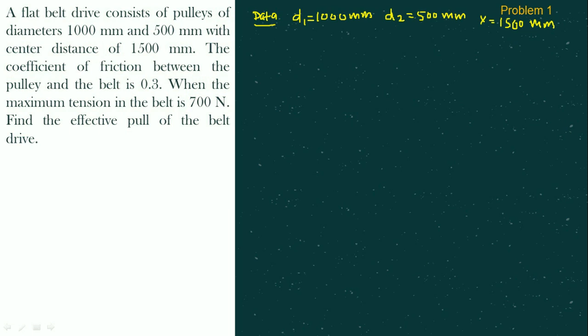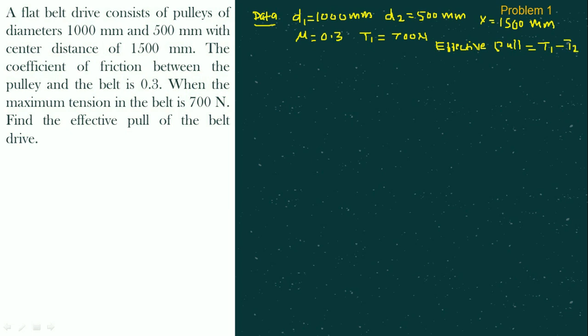Then the coefficient of friction mu is given, that is 0.3, and the tension on the tight side is given, that is 700 Newton. And we need to calculate the effective pull, which is nothing but the difference between T1 and T2.